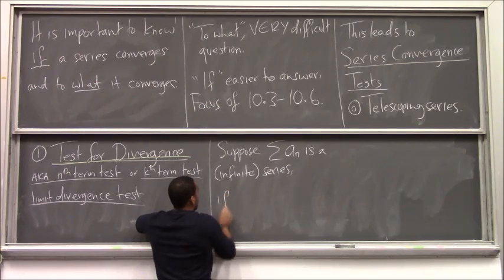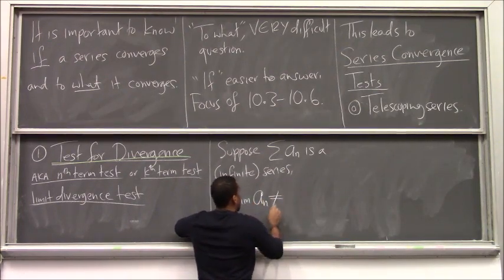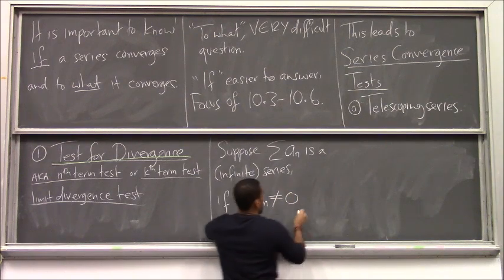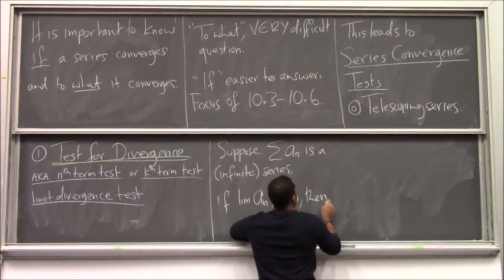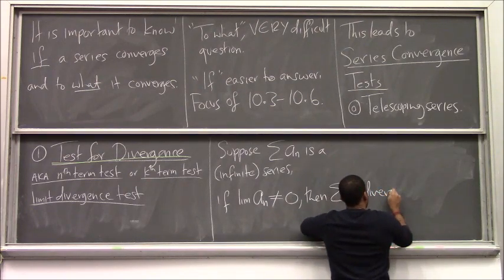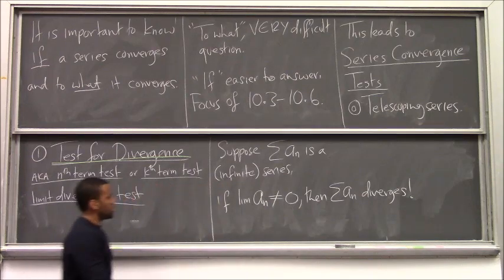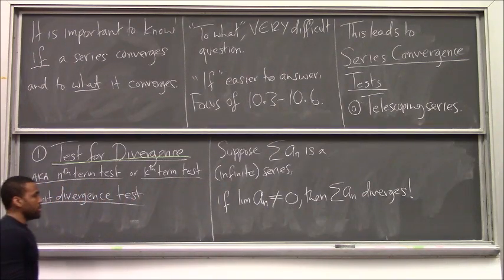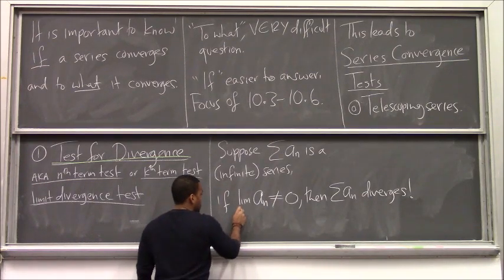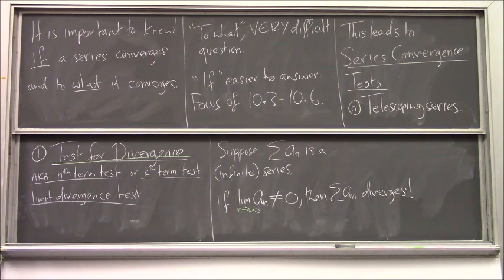Then, if the limit of a_n is not equal to 0, then the series diverges. That is the test. And what limit? It's always the limit as n approaches infinity. And that's pretty much it.